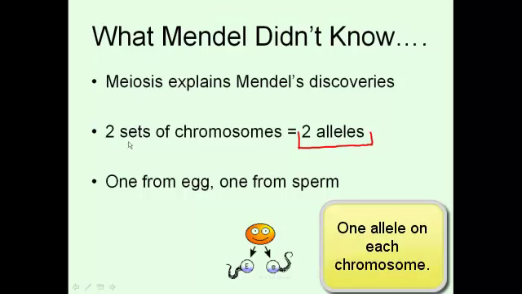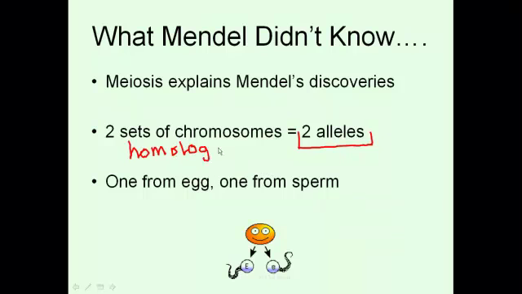One from mom and one from dad. And remember, those are homologous chromosomes. So those homologous chromosomes each carry a gene. And depending on whether the organism gets dominant or recessive alleles depends on what the organism looks like. So you're getting 1 from the egg and 1 from the sperm.